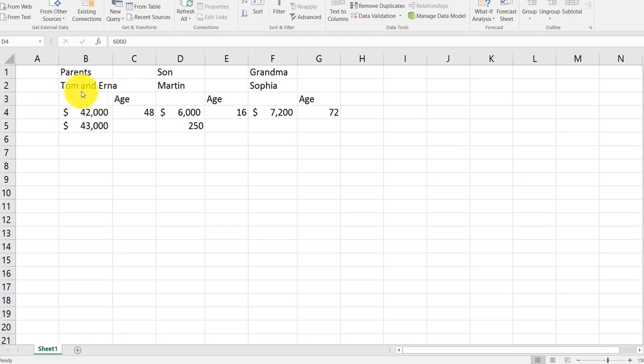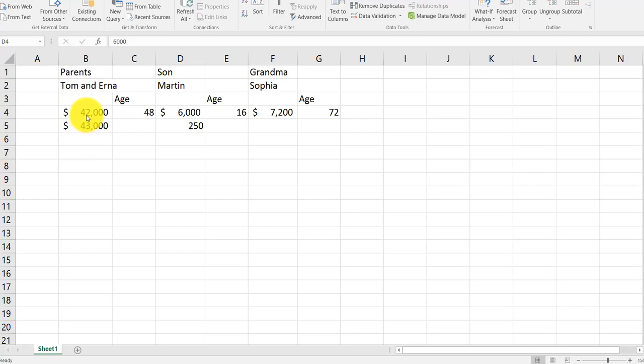But Tom and Erna would be able to choose between 2 filing statuses. Because they're married at the end of the year, they can choose either married filing jointly or married filing separately. Typically, married filing jointly is the most advantageous.